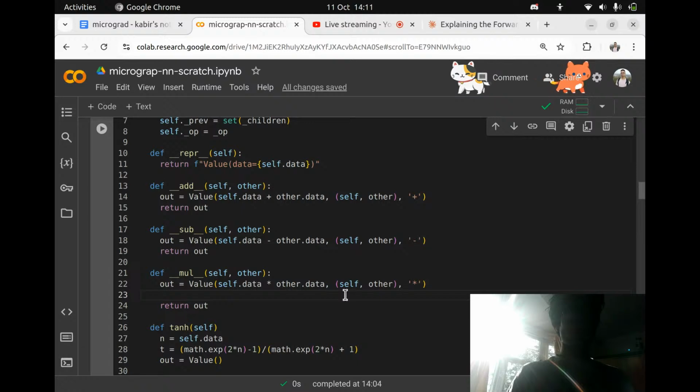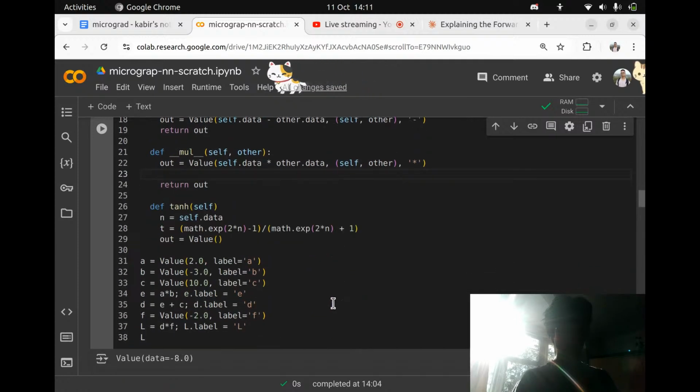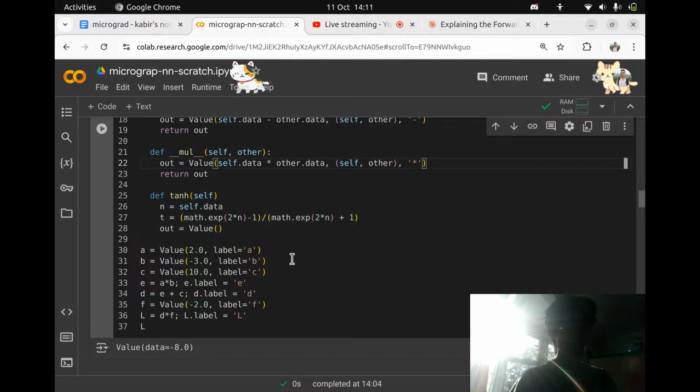Okay, so maybe I can call this s, just so that it matches exactly. And now this will be t.